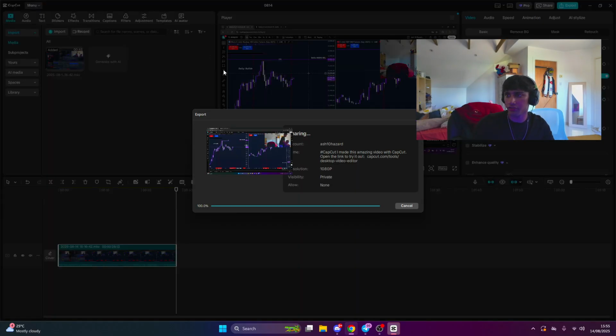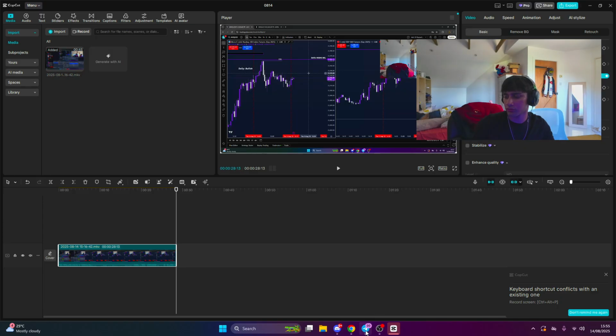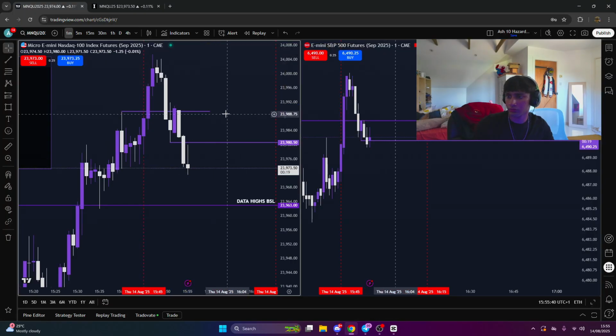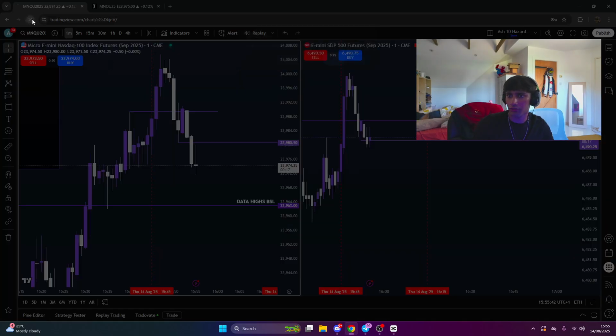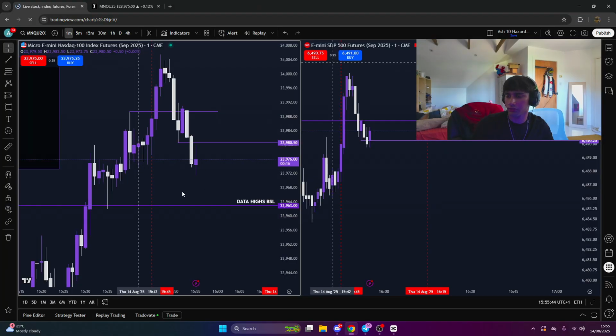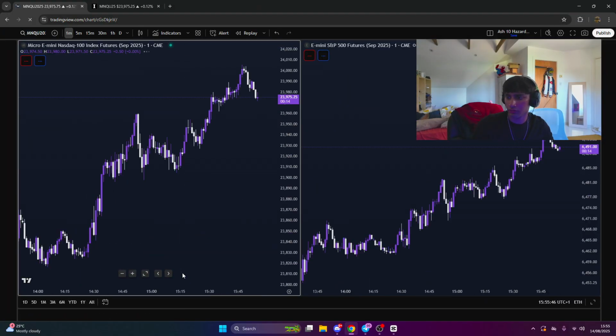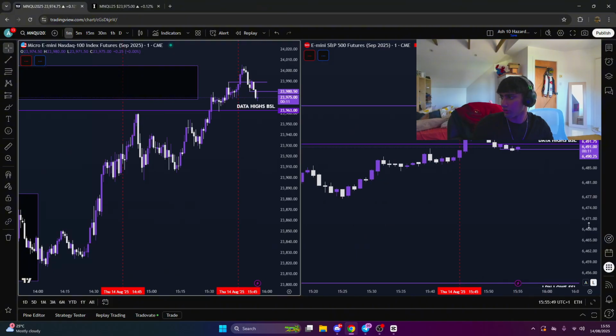Considering shorts off this 1 minute bearish. What is going on with my screen? Oh no, it hasn't.